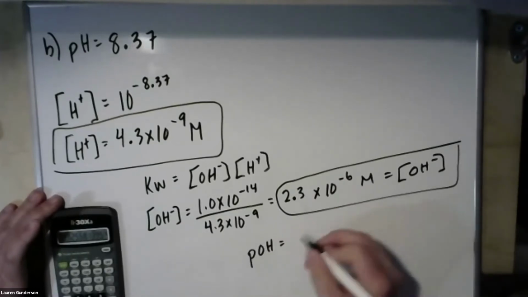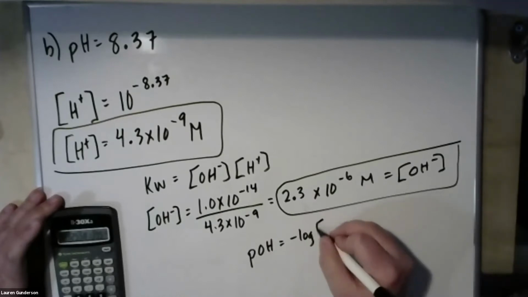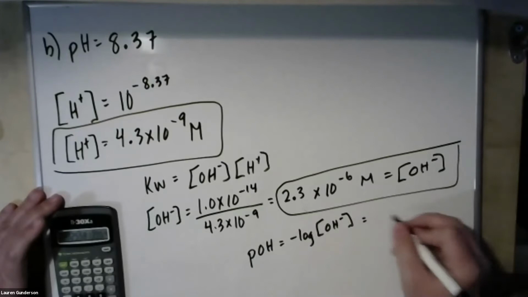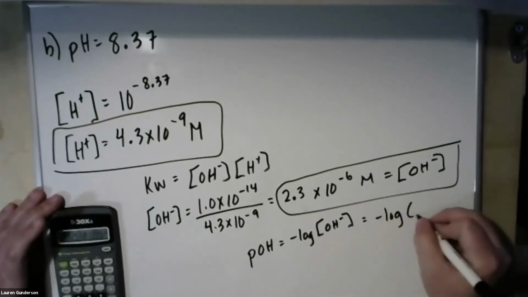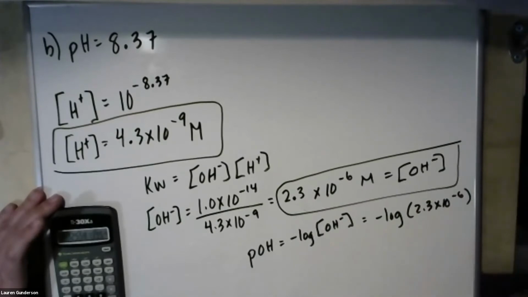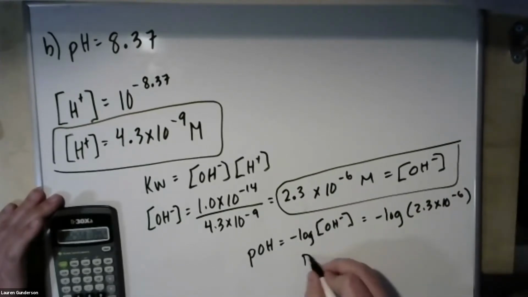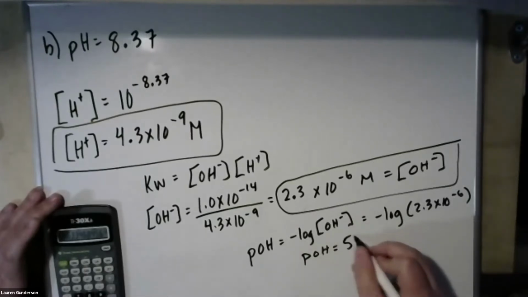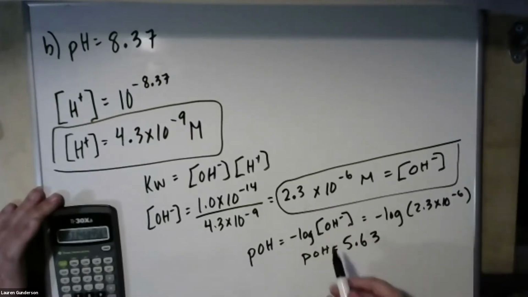So my pOH is going to be the negative log of my OH minus concentration. So it's going to be the negative log of 2.3 times 10 to the negative 6. Okay, so we have a pOH of 5.63.